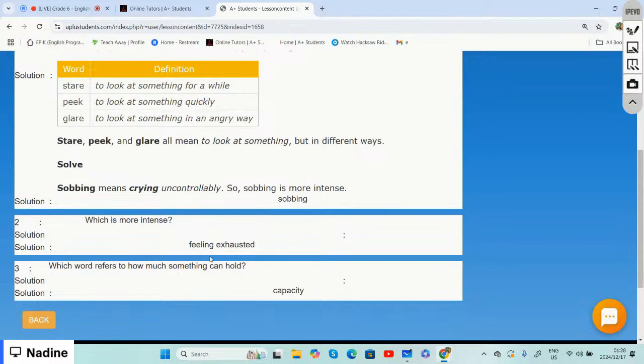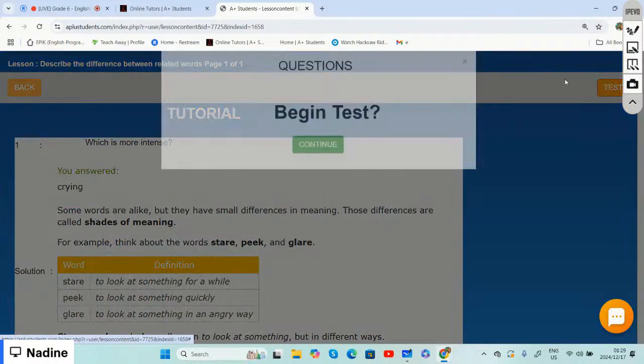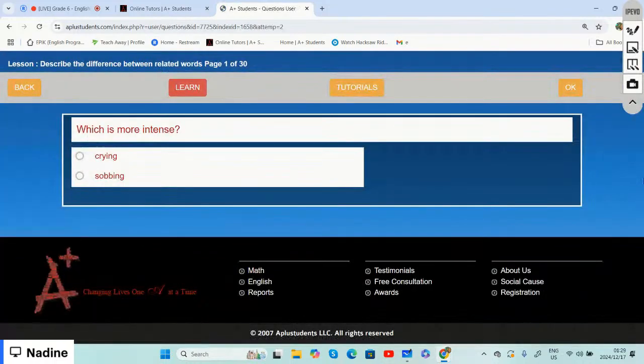But if you're exhausted, then your brain is tired, because once your brain is tired, then it literally tells the whole body, look here, even 5 minutes of rest is not going to work. Right? So now let's go to our test where we're going to describe the difference between related words. So, yes, sobbing is more intense. Well done.